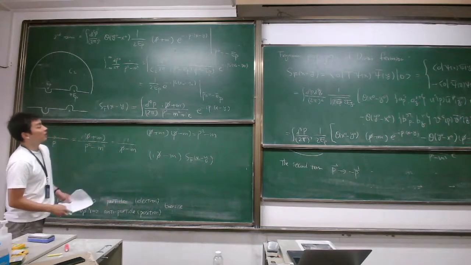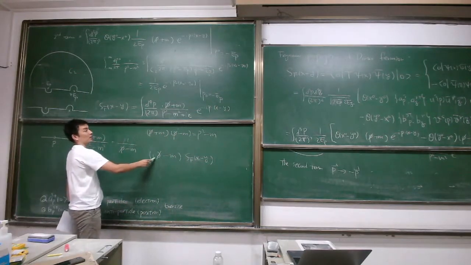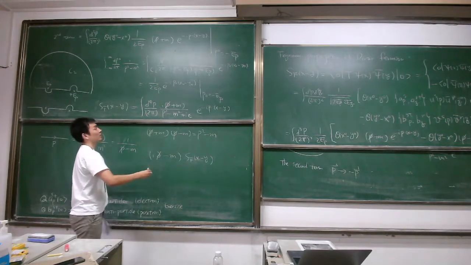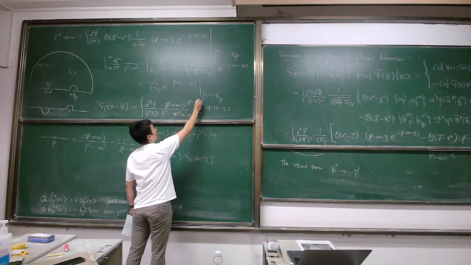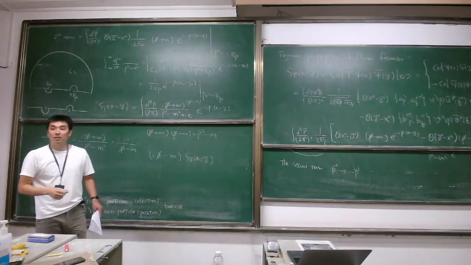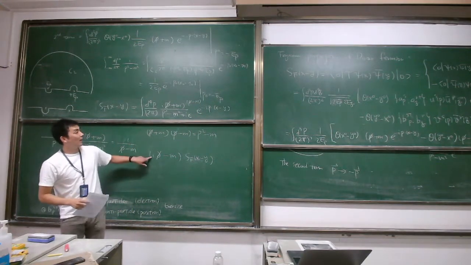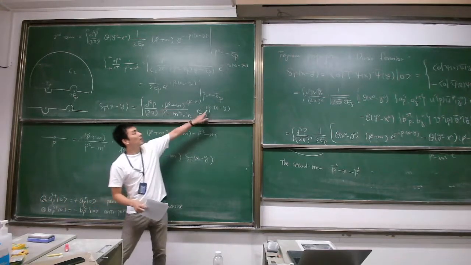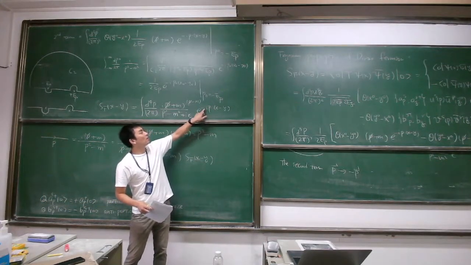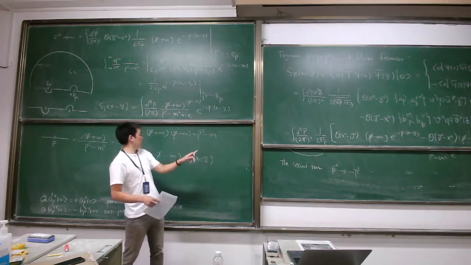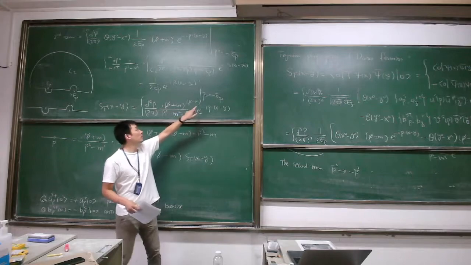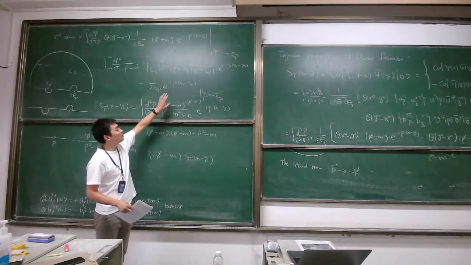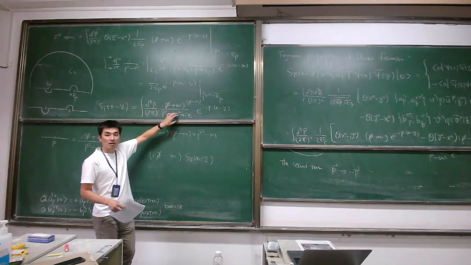Okay, so if you act with this on here, what you create is p-slash minus m. Can you see that? The derivative acts on the exponential, so i times minus i is plus, so therefore p-slash minus m. And if you multiply them together, numerator and denominator cancel.